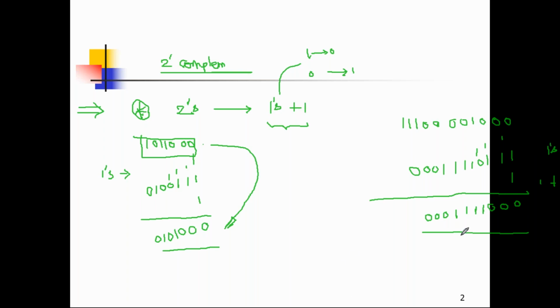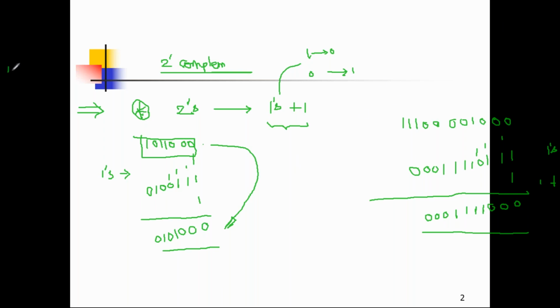Okay. Now there is no need of spending much time doing the one's complement and then adding one like this. It's not necessary for finding the 2's complement. Straight away, you can directly take the 2's complement of the given binary number. What is the rule for this?